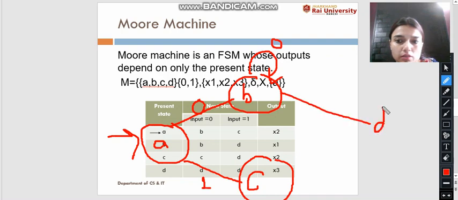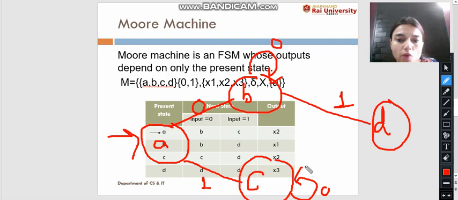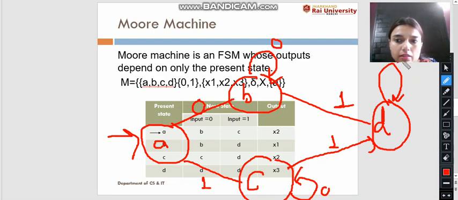You reach B itself, and if you give 1 you reach D. Now similarly look at C. In C, on giving 0 we reach C itself and on giving 1 we reach D, and in D on giving 0 and 1 we stay at D. If we give 0 we reach D, if we give 1 we reach D. And now we have an associated output with each state. Here in the Moore machine, the output depends on the present state. So how will we represent which output goes with A?